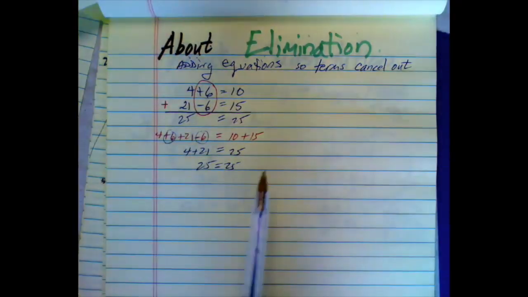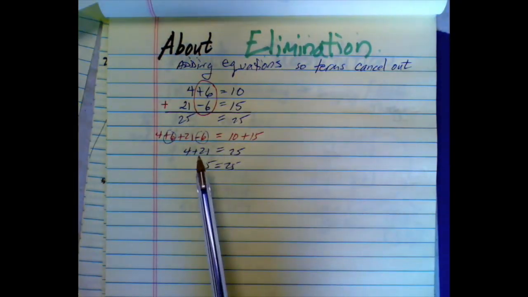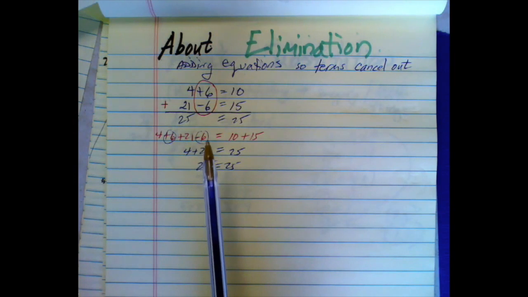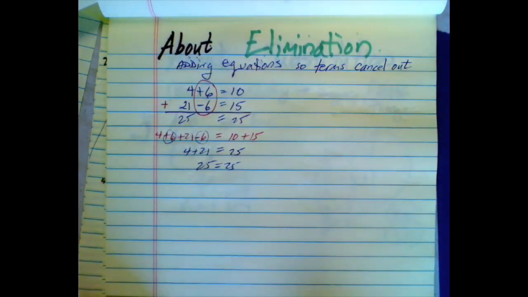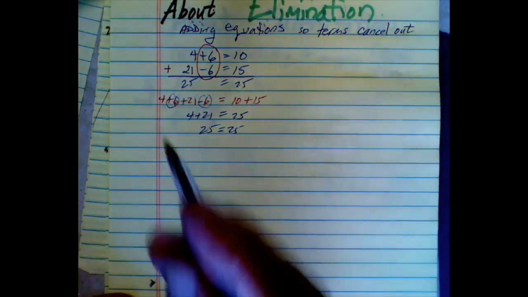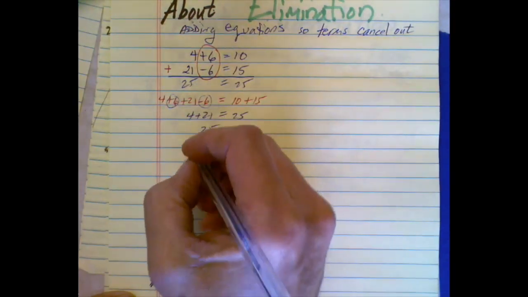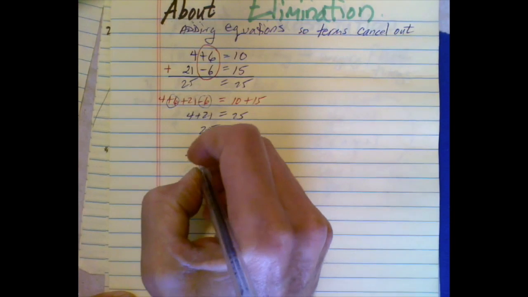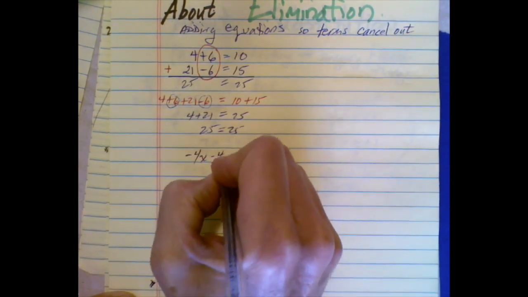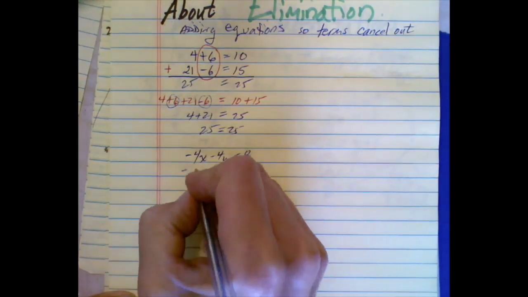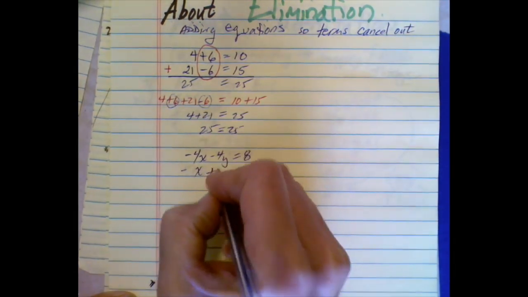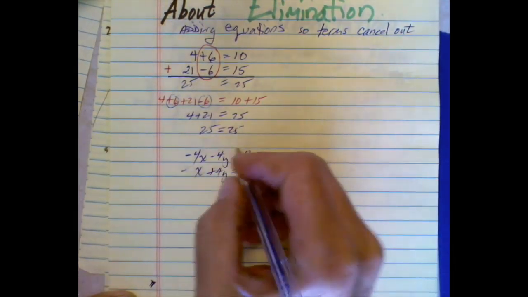Okay, we're going to take advantage of the same kind of thinking algebraically. And there's kind of two situations that I'm going to highlight here. So consider the following two systems. Negative 4x minus 4y equals 8, and negative x plus 4y equals 12.